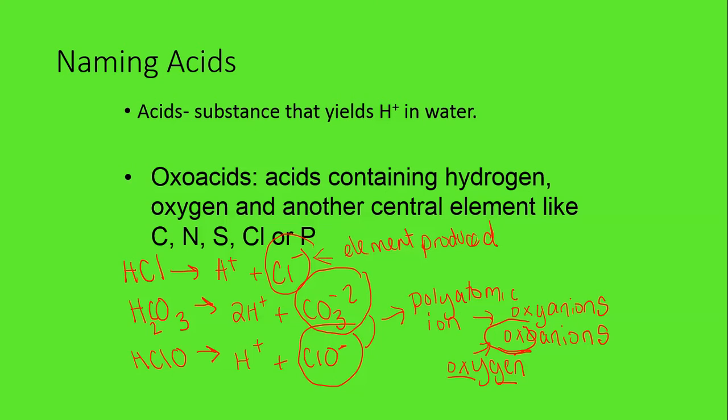Like, for example, we know that these elements like carbon and nitrogen and sulfur and chlorine and phosphorus can do a variety of things, right? For example, we could talk about nitrogen, and we know that nitrogen could form just an ion by itself, but it also could form some various oxoanions like nitrate or nitrite.